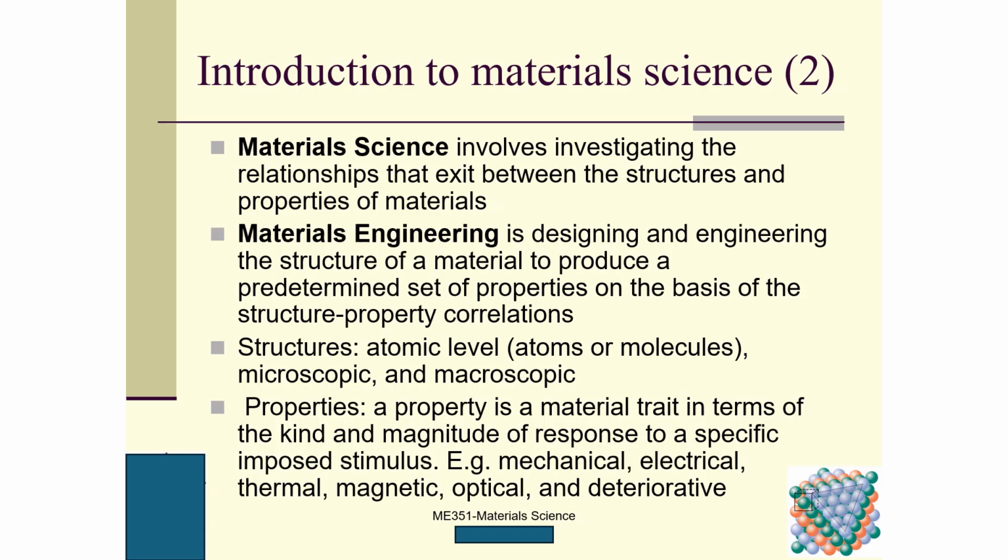The structures are at the atomic level or molecule level, atoms or molecules, and microscopic and macroscopic level. Properties: a property is a material trait in terms of the kind and the magnitude of response to a specific imposed stimulus. For example, the mechanical, electrical, thermal, magnetic, optical, and deteriorative properties. So we have these kinds of properties for materials.